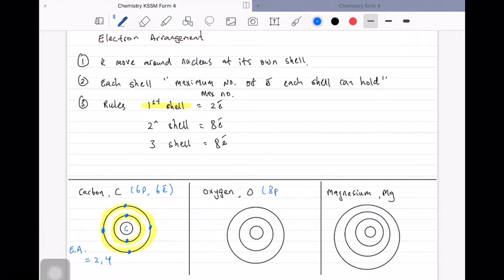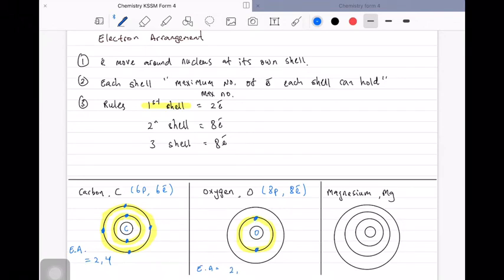Now for the oxygen atom, we know that oxygen has 8 protons, so automatically it has 8 electrons. Let's say this is the nucleus of oxygen. How are we going to write the electron arrangement? The first shell can hold 2 electrons, so 2.